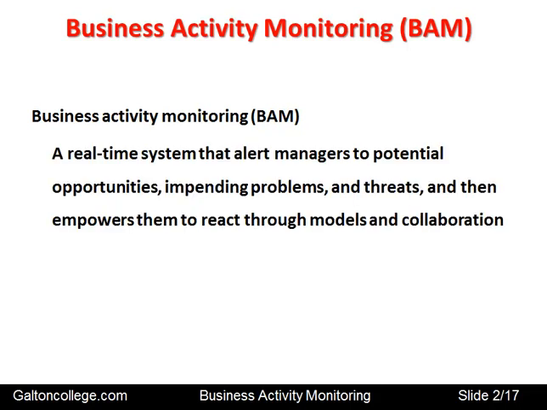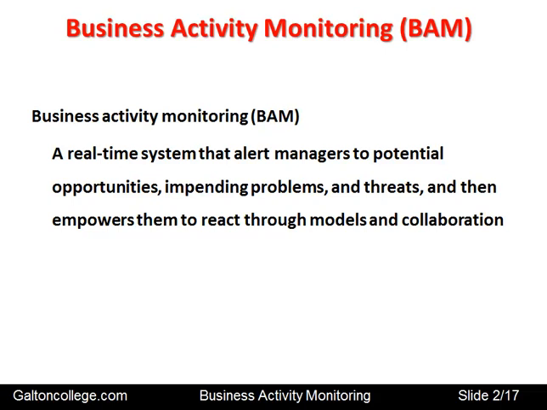First of all, business activity monitoring is a real-time system. In other words, it's here and now. It's what's happening right now. It can be interrogated right now to find out what's happening within the business at this moment in time. It's a real-time system that alerts managers to potential opportunities, impending problems and threats, and then empowers them to react through models and collaboration.